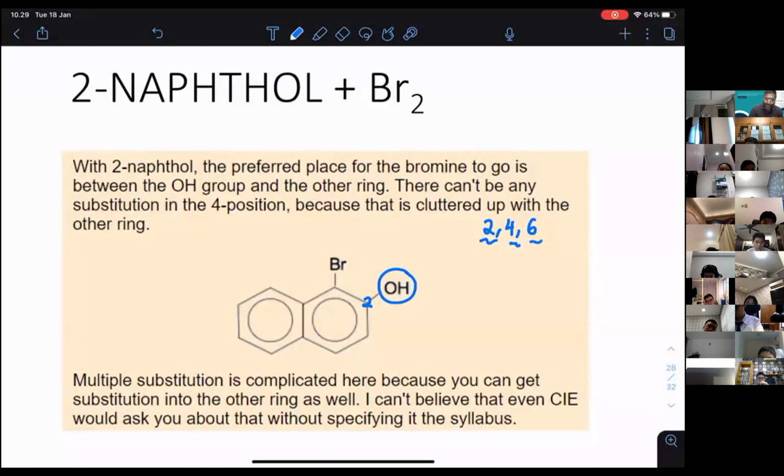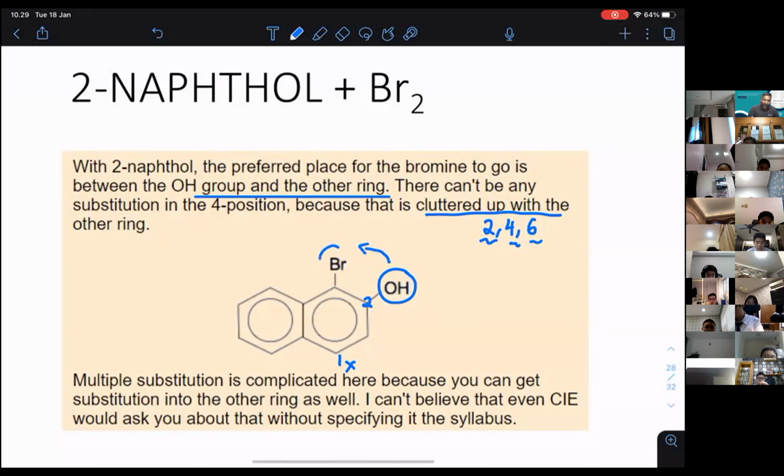This one is going to be slightly different. They say you cannot have position number 4, because it's cluttered up with the other ring. You cannot add the Br over here. Rather than putting it there, they prefer it to go between the OH and the other ring, somewhere here.